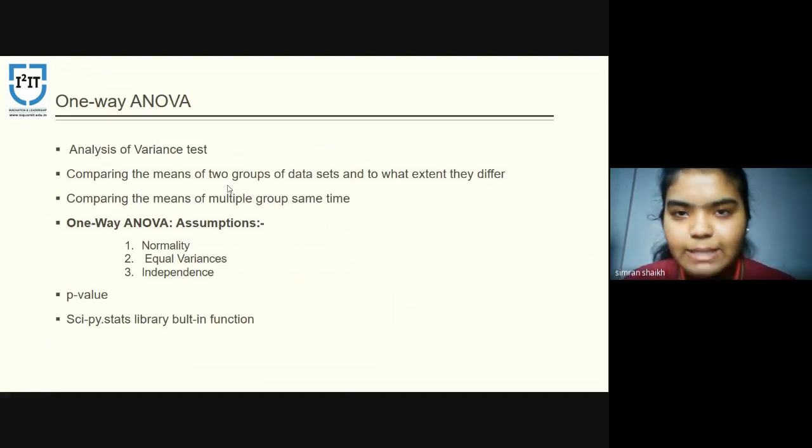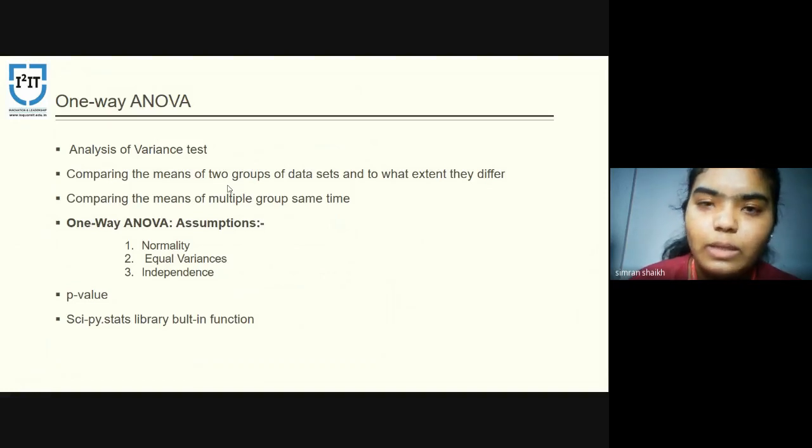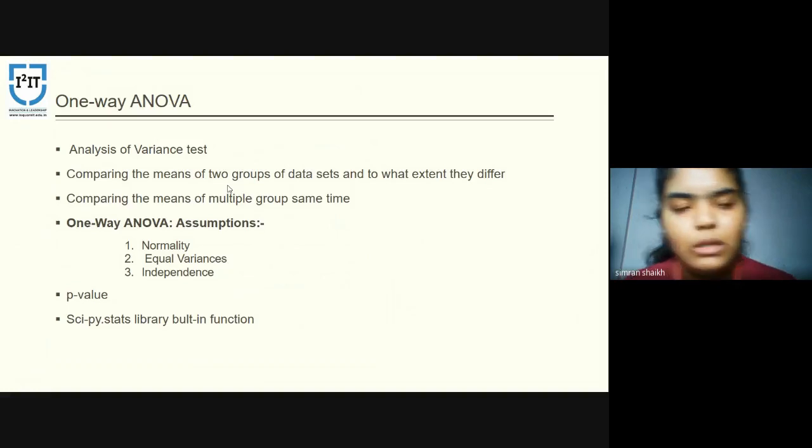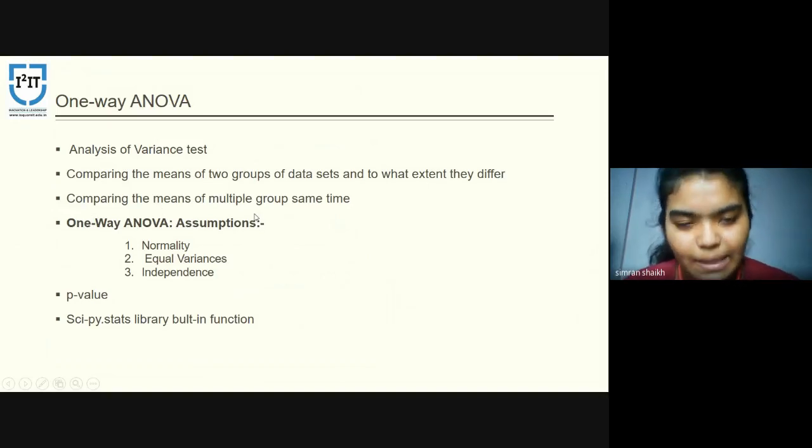So the ANOVA test is used where you have to compare the means of three or many more data sets. Today we are going to use three, but you can also use multiple data sets. So it helps us in comparing the means of multiple groups at the same time.